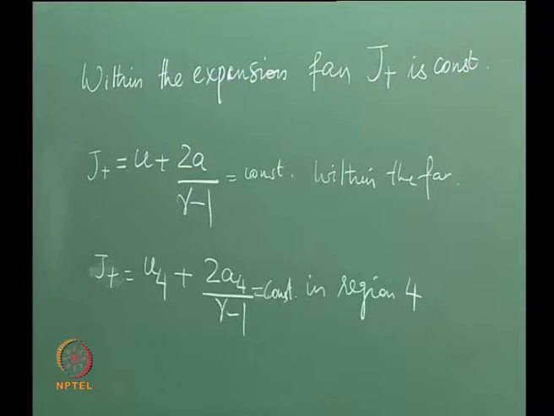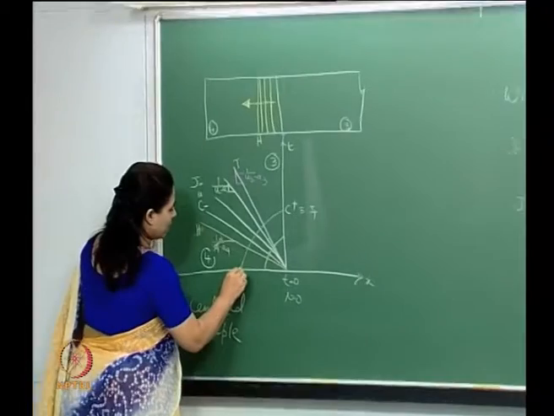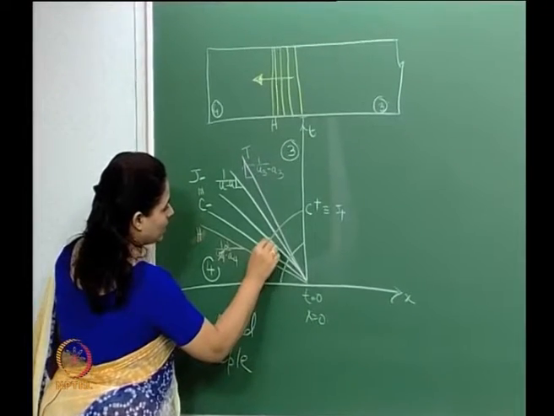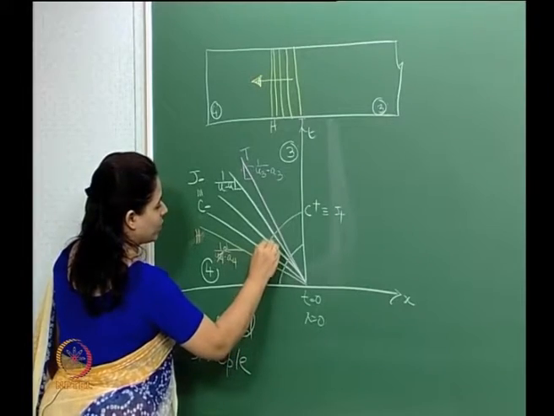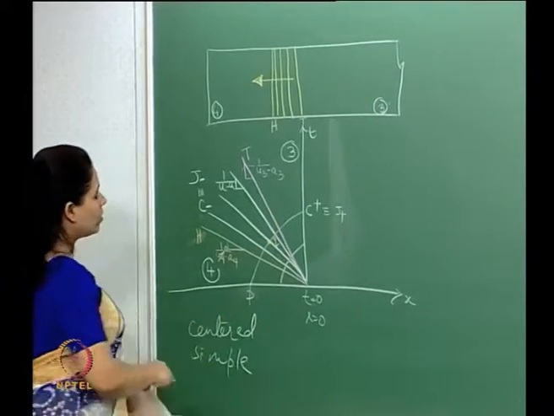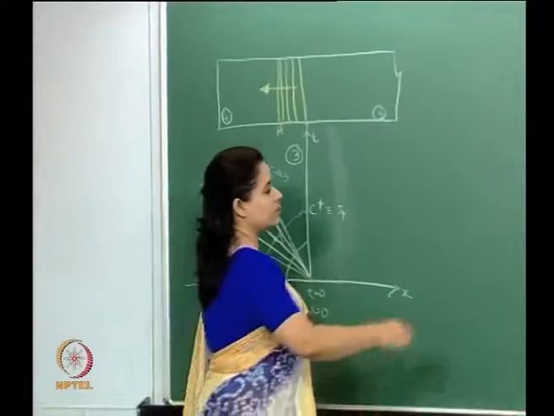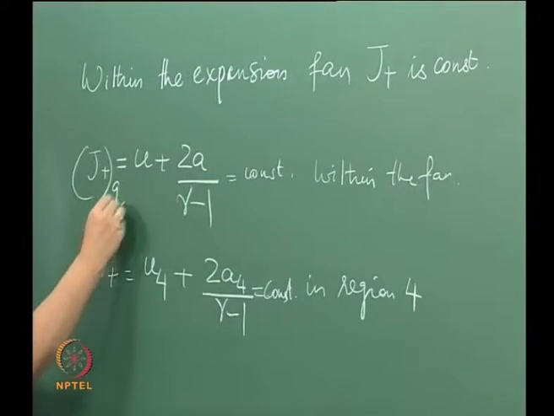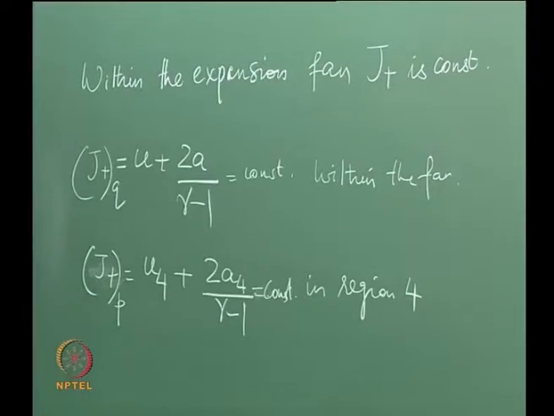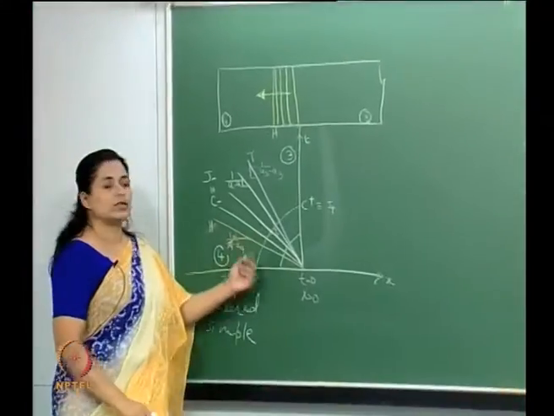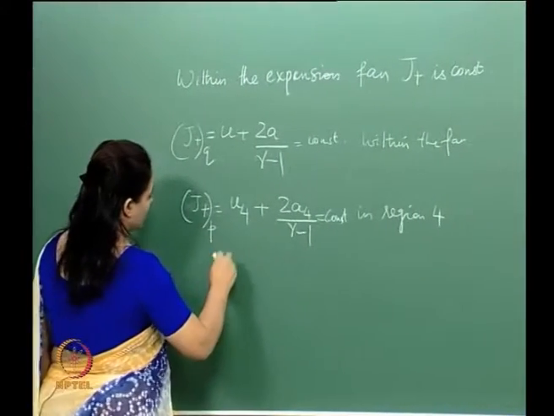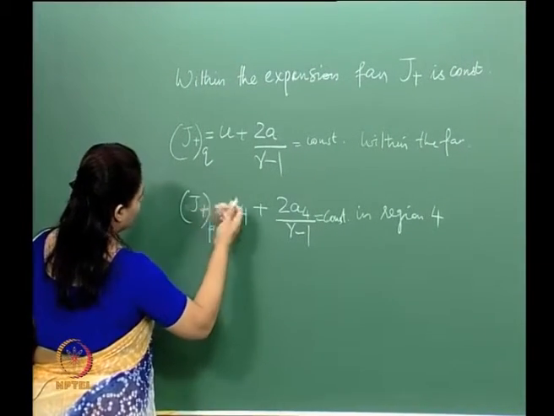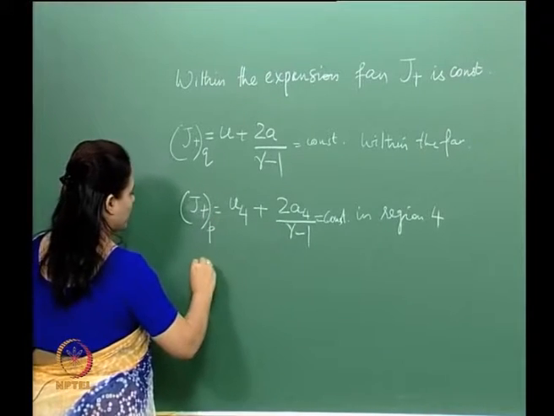So, let us consider a point, say P, and a point, say Q. So it says J plus Q and J plus P, right. Now, they both lie on the same characteristic, so J plus is going to be constant.